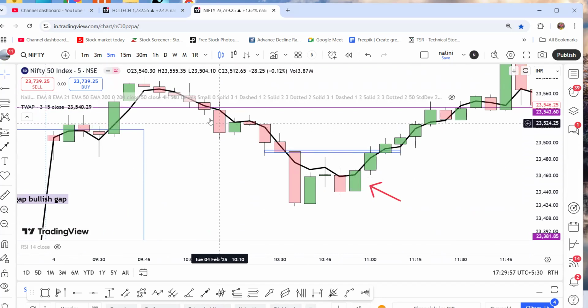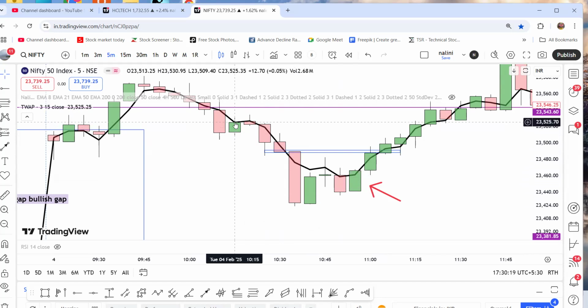So it is a perfect market setup, and with the help of TWAP, we are capturing it. Even though there was a green candle in between, price closed below the TWAP and it continued. Only this candle closed consistently above.